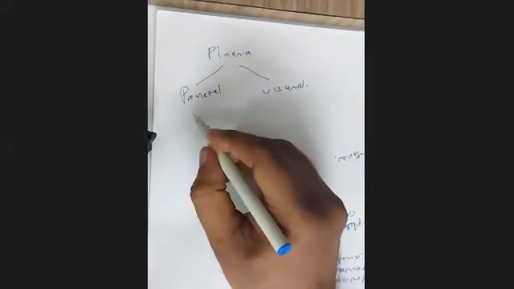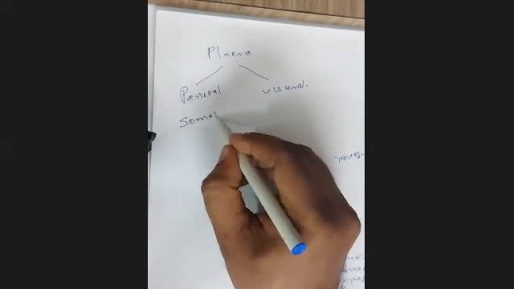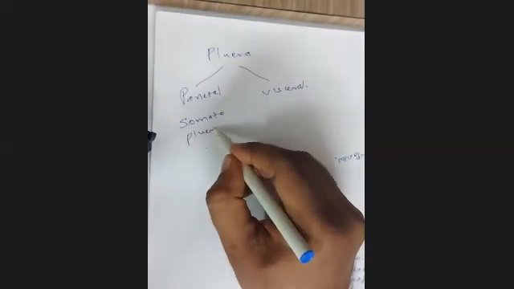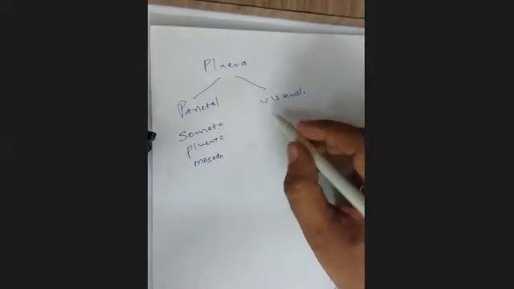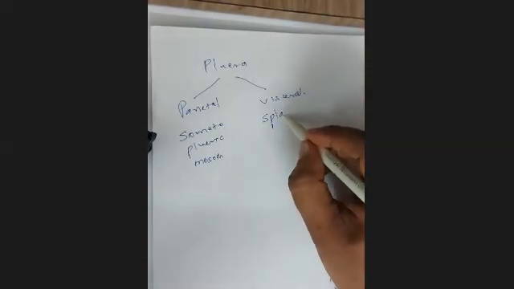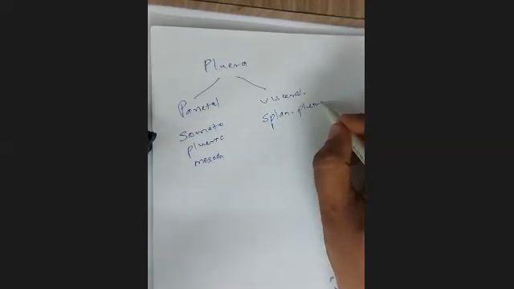Parietal pleura develops from somatopleuric mesoderm, while visceral pleura develops from splanchnopleuric mesoderm.